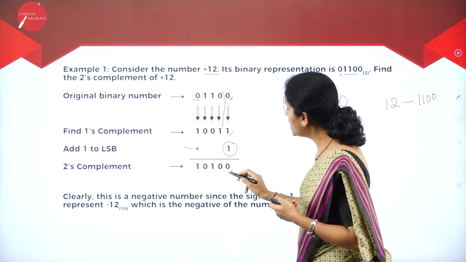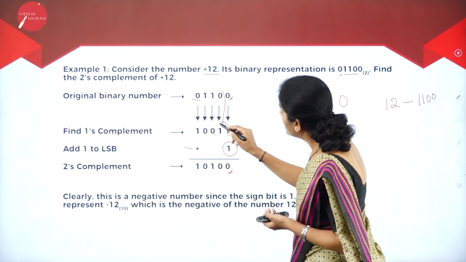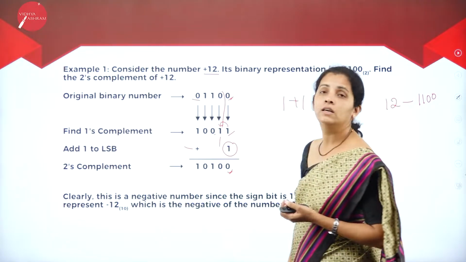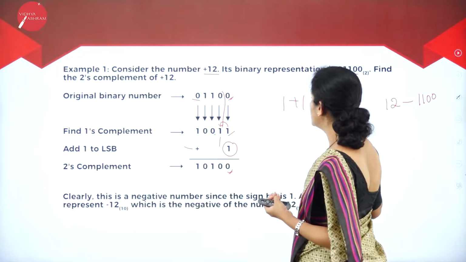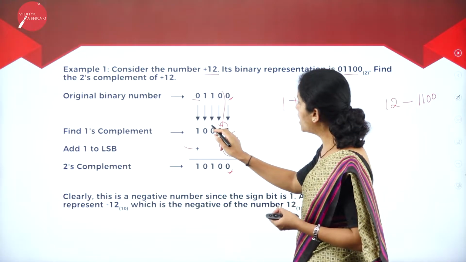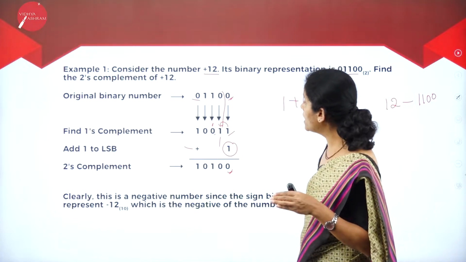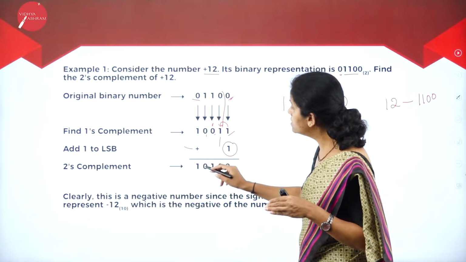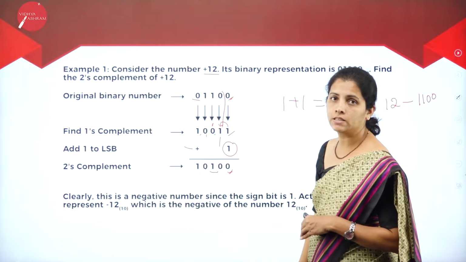So I write the sum 0 and the carry is 1. Now 1 plus 1, once again it is 1, 0. So I write the sum 0 and carry 1. Now 0 plus 1 is 1. I write 0 as it is and I write 1 as it is.